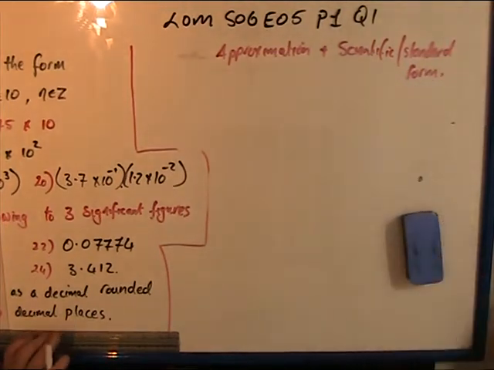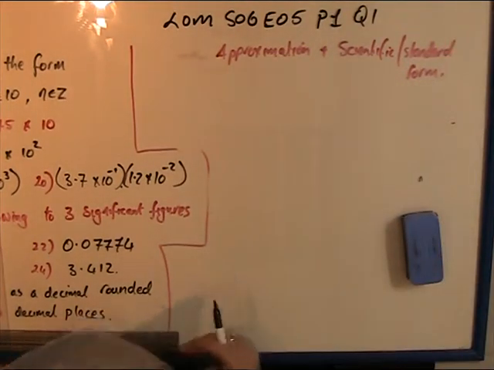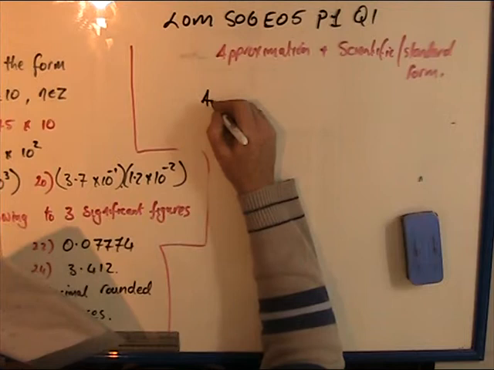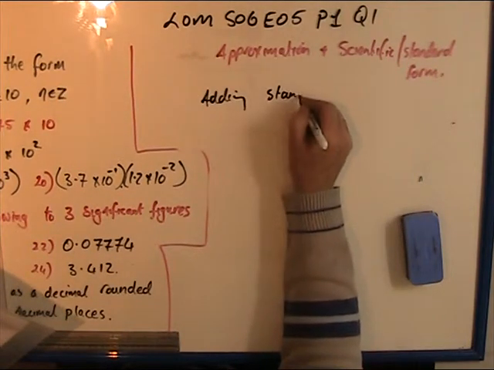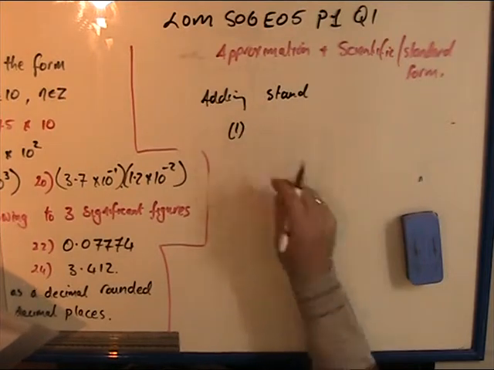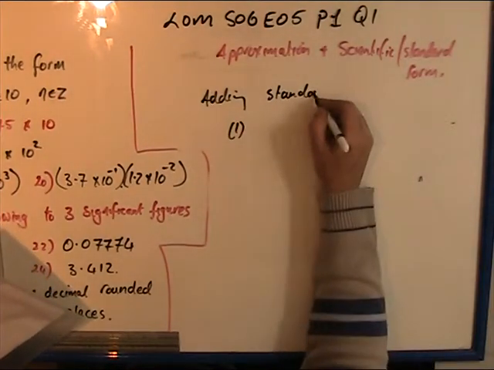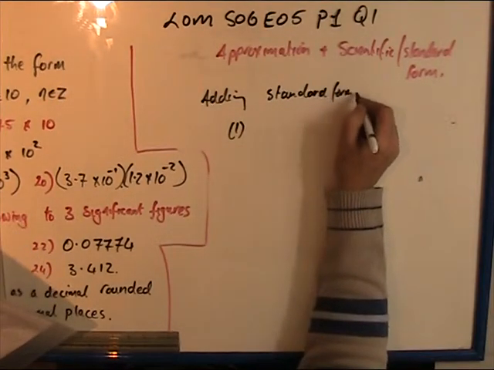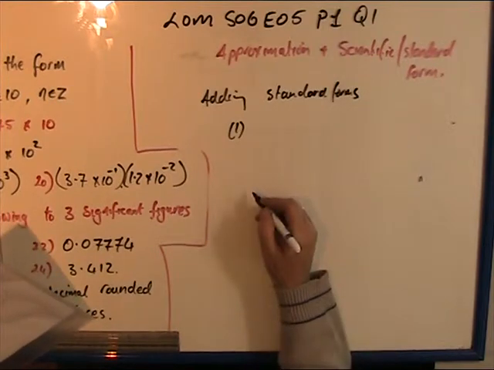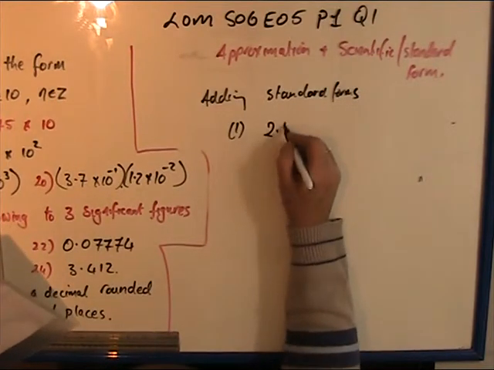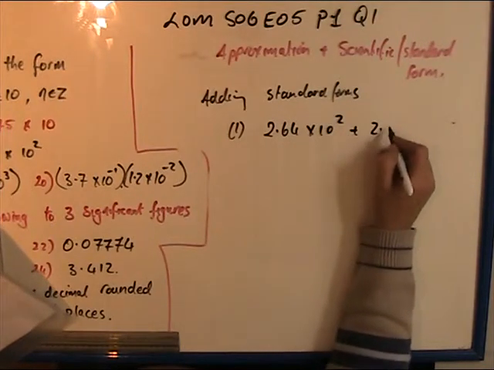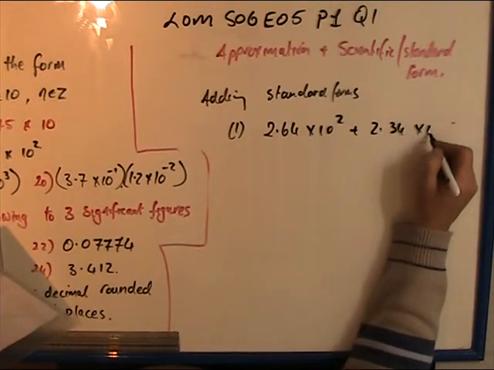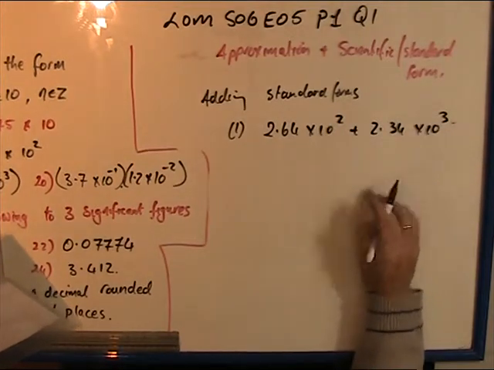Now we're going to deal with multiplication of all these and adding of them. So how do we add standard forms? Let's look at the first one. We're given 2.64 multiplied by 10 to the power of 2 plus 2.34 multiplied by 10 to the power of 3. Now I can't straight add these.